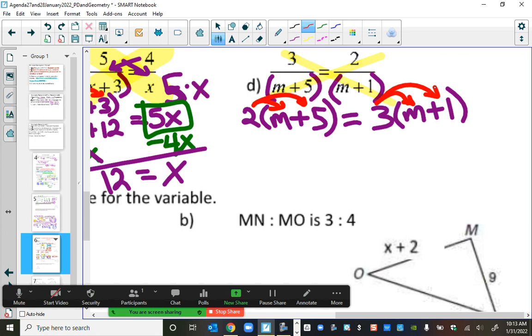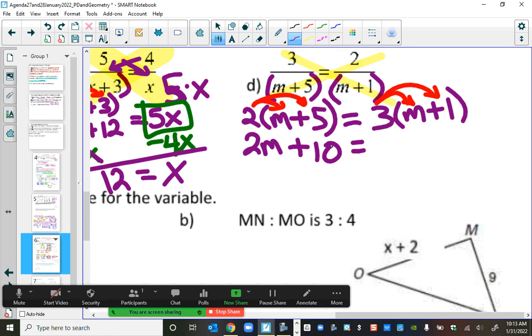You have 2 times m plus 5. What does this really become? What's 2 times m? 2m. What's 2 times 5? 10. So rather than 2m plus 5, it's 2m plus 10.